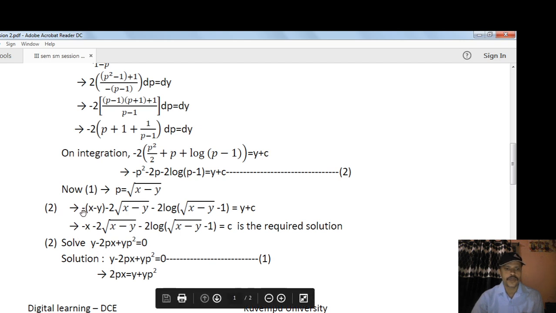Here in the LHS we have minus into minus y, that is plus y, and also in the RHS we have plus y, and therefore these two get cancelled. After bringing plus y to the right hand side, we have plus y minus y, these two get cancelled. Ultimately we have minus x, and the remaining terms are the same, equal to c, and this is the required solution.